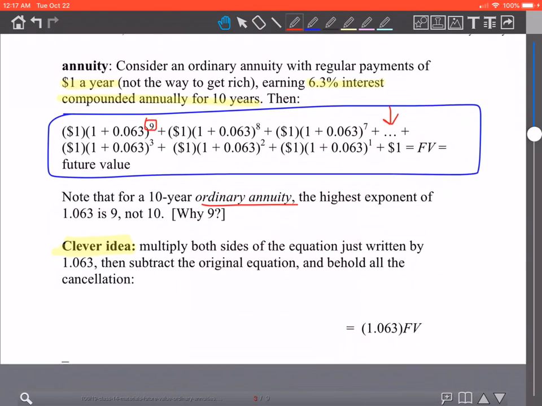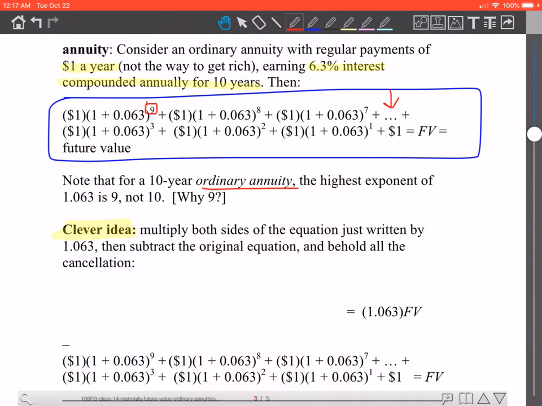So to derive the formula for the future value of an ordinary annuity, we're going to do a little bit of algebra, and that's what I have highlighted in yellow. And I'm going to change the color so we can look at it again. I'm going to highlight it in blue. So the first thing we're going to do is multiply both sides of this number sentence by a growth factor, which I'm going to highlight, of 1.063.